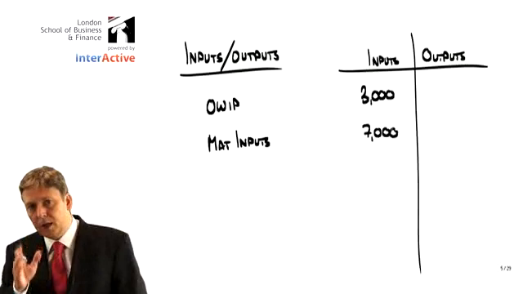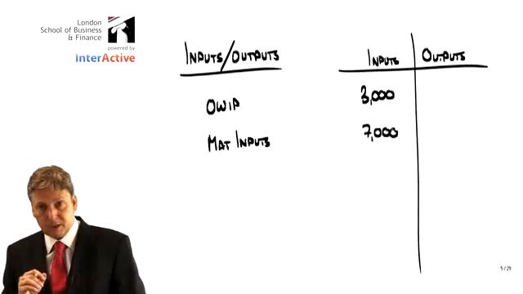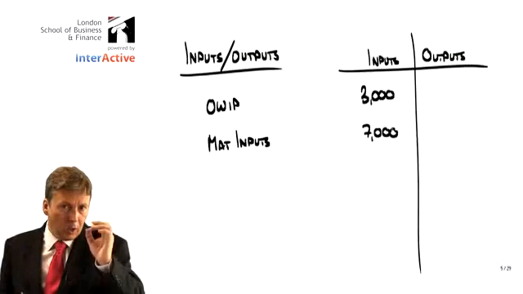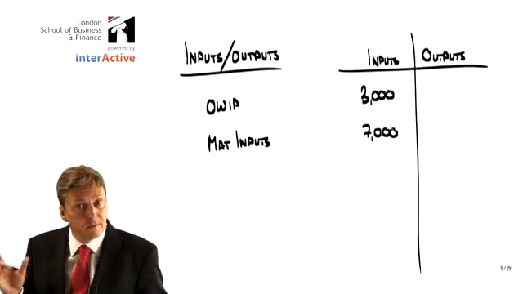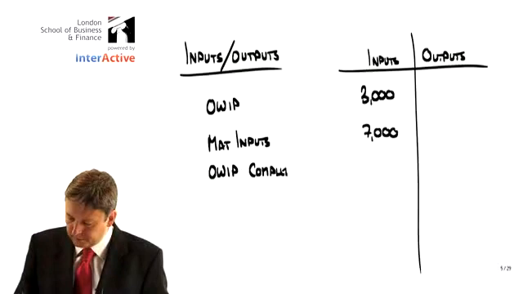But remember, we're looking at FIFO. And if we look at FIFO, we have to consider the order in which the units will be completed. The units that were already in place at the beginning of the period will be completed first. We separate those out. The OWIP completed.